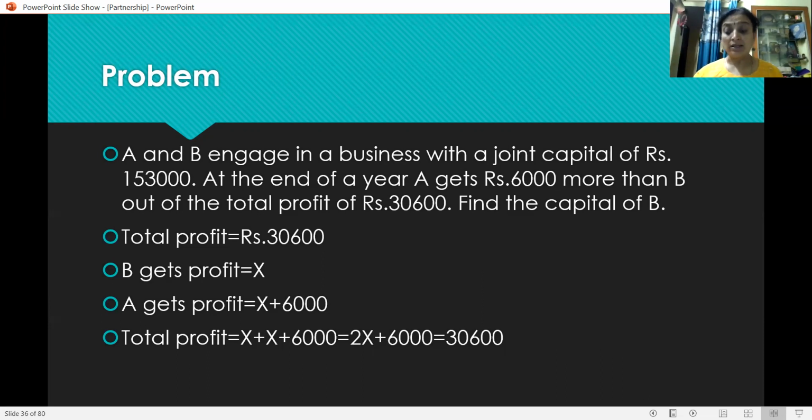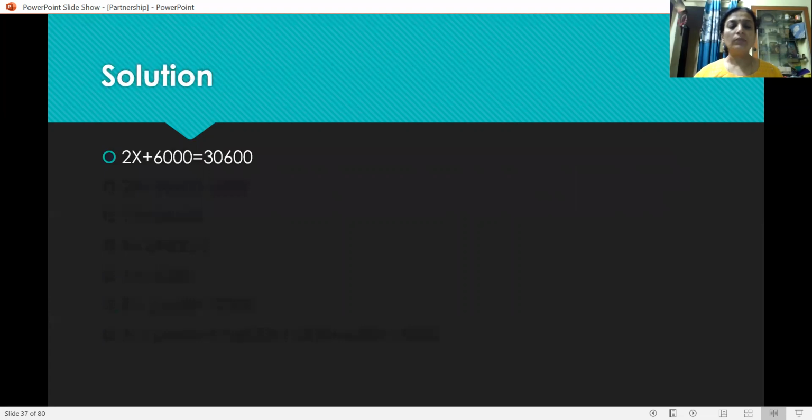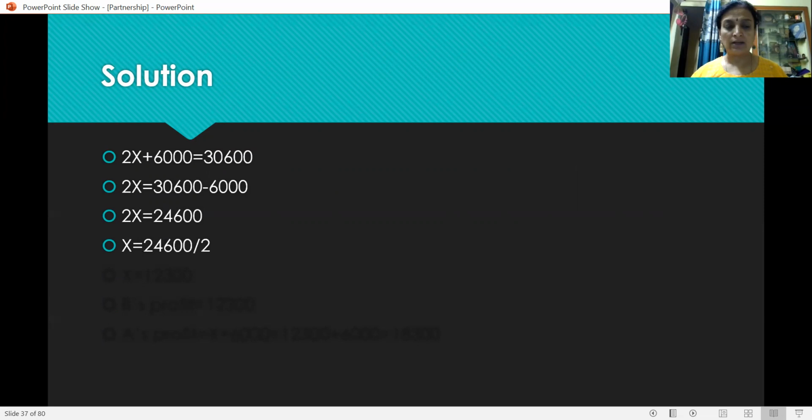Okay. So let us solve it. 2X plus 6,000 is equal to 30,600. Therefore, let us take 6,000 to the other side. 2X is equal to 30,600 minus 6,000. Therefore, 2X is equal to 24,600, and X is equal to 24,600 divided by 2. That is 12,300.